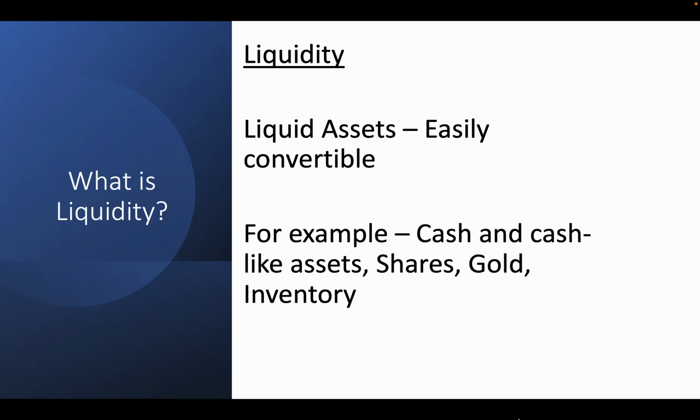Liquidity means liquid assets that are at your disposal, which you are able to easily convert into cash. From a business perspective, it could include cash-like assets, shares, gold coins, inventories, etc.